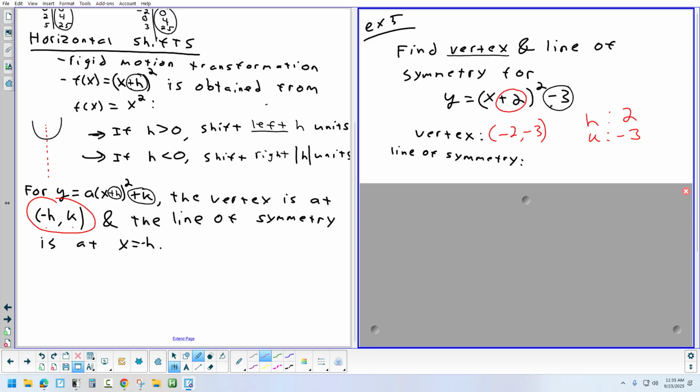Yep, it always starts out x equals. So it's not y equals mx plus b. Okay, it's a special case. X equals. And what would be the number on the other side? Negative 2. So make sure anytime you write the line of symmetry, you write it as an equation. Don't just put negative 2.